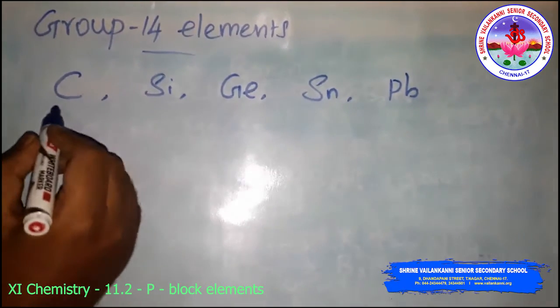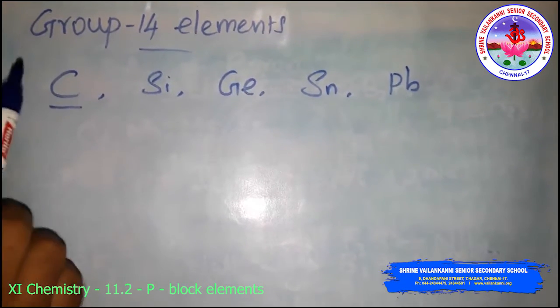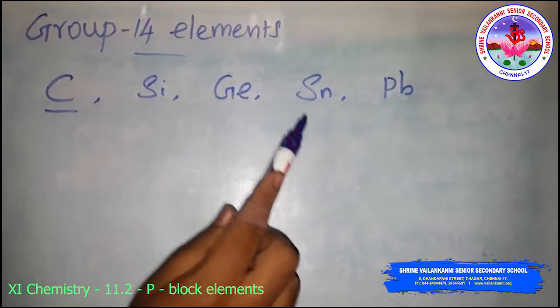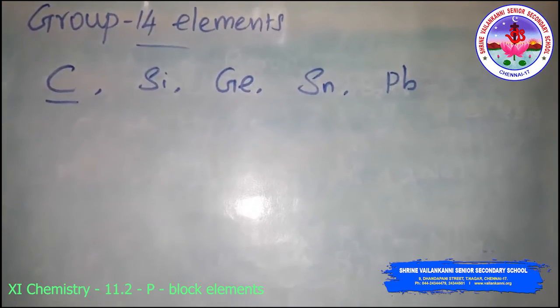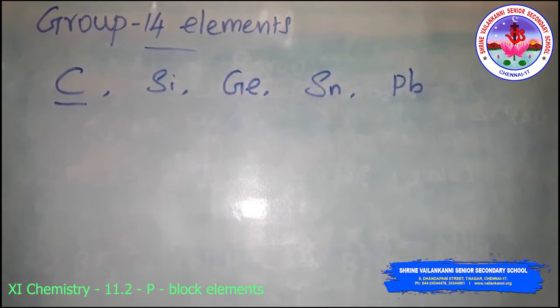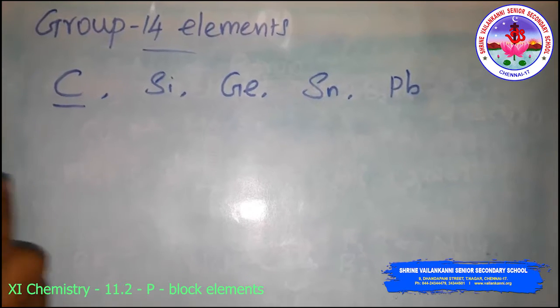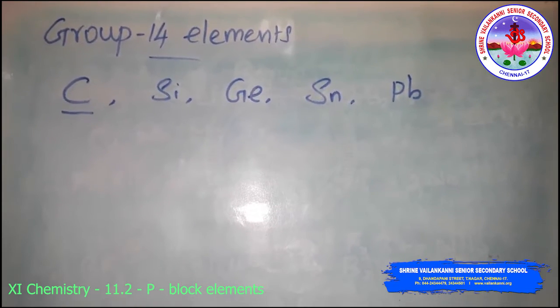Simply, they are called the carbon family. So the carbon family contains carbon, silicon, germanium, tin and lead. They are called group 14 elements, or members of group 14.